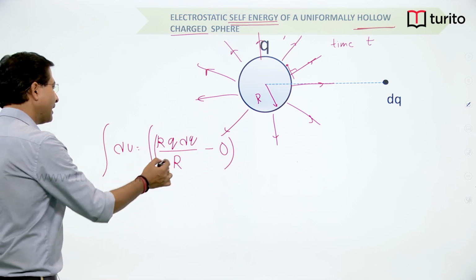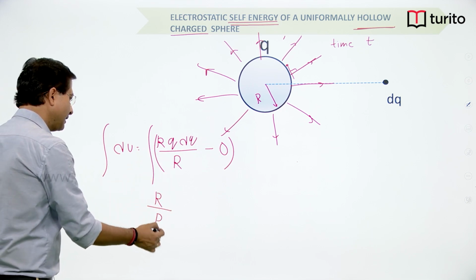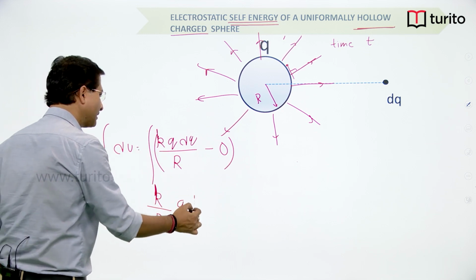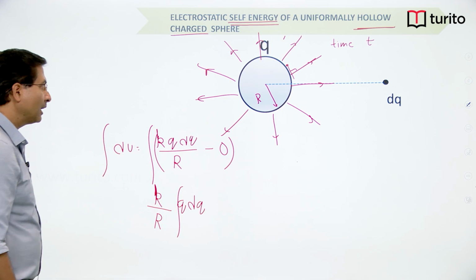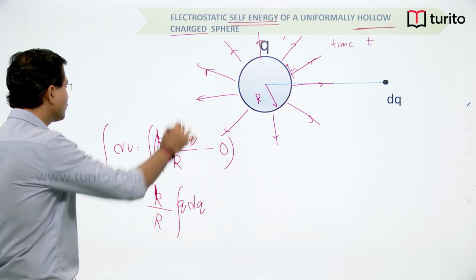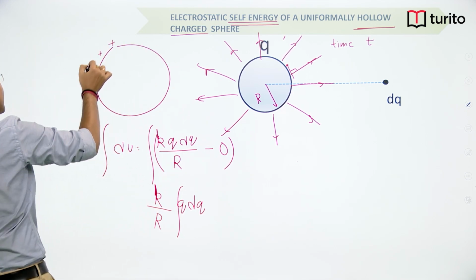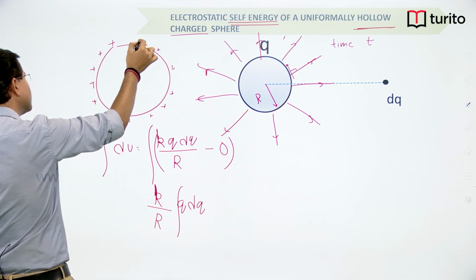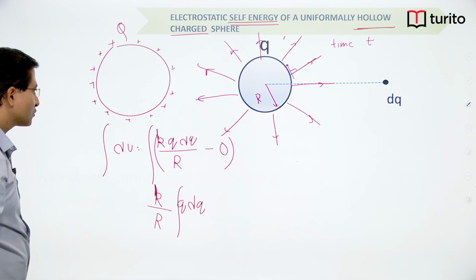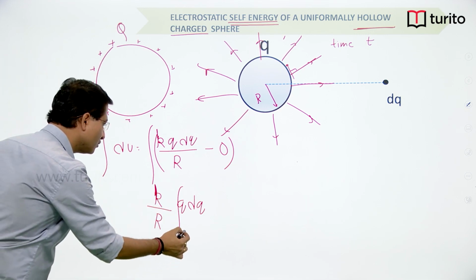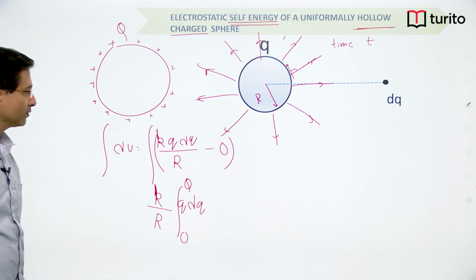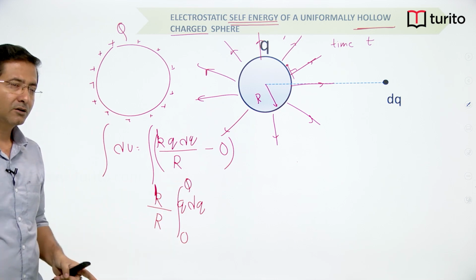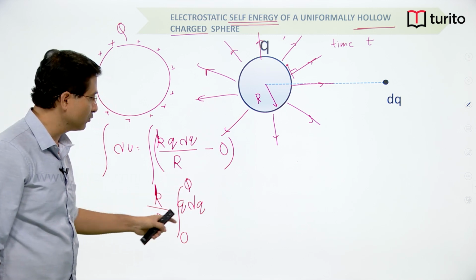In that, K and r are constant, I just need to integrate the charge. And what do I want to achieve? I want the final charge here to become capital Q. So, I need to integrate this charge from 0 to capital Q, that is Q square by 2, upper limit minus lower limit, capital Q square by 2 will come, see.